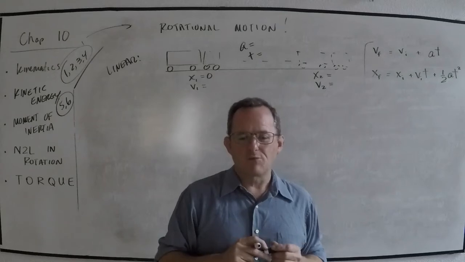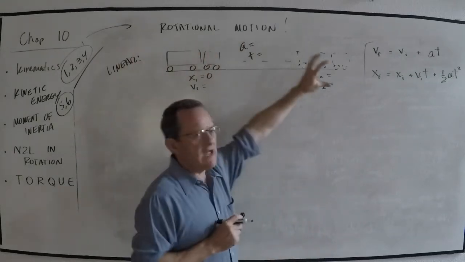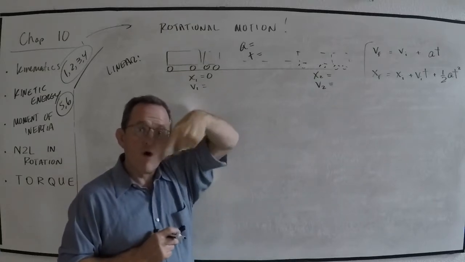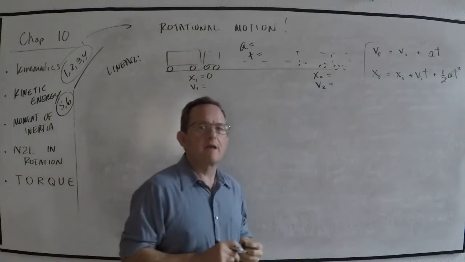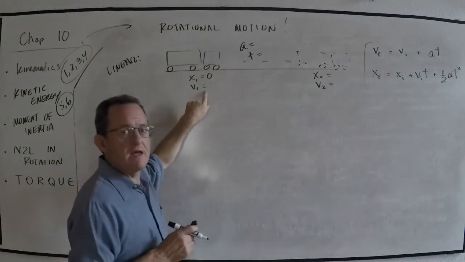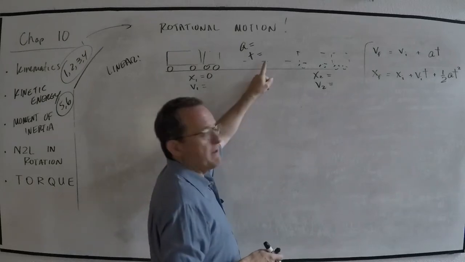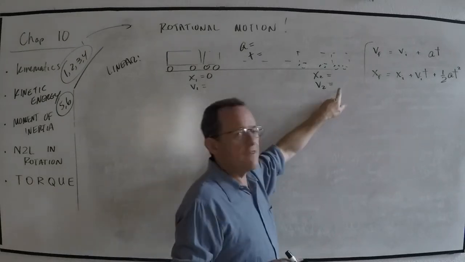So what is this problem that they're giving you? Problem 1. Instead of a truck going straight, it's a drill rotating, but it's exactly the same idea. They're telling you the drill starts from rest. What does that mean? It means the initial speed is 0. They're giving you the time, and they're giving you the final speed.